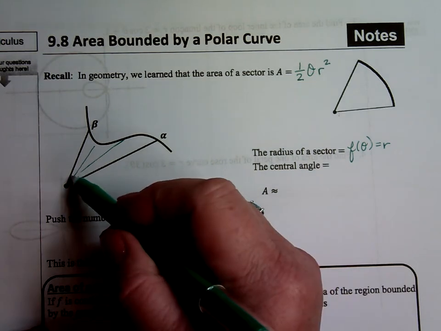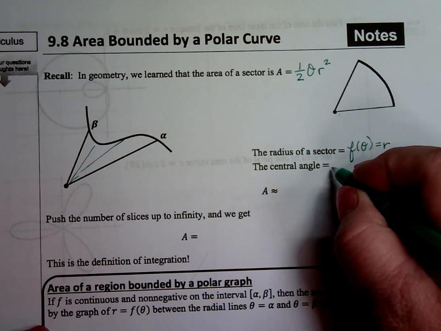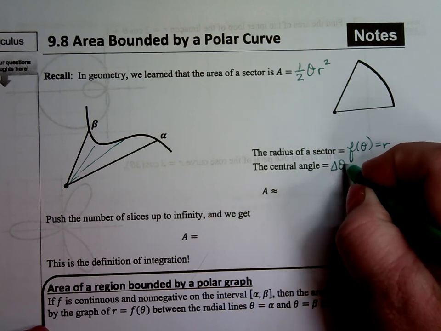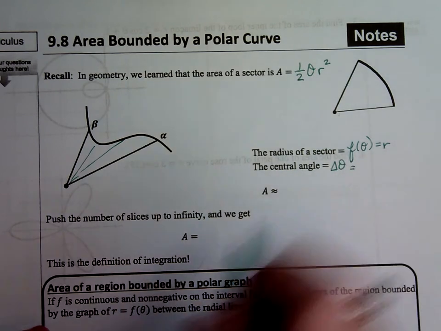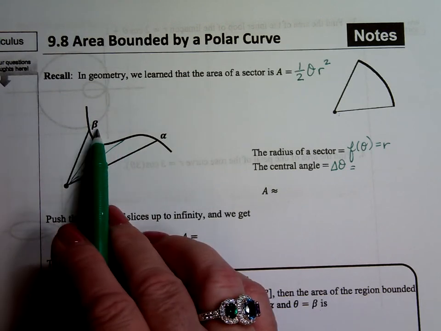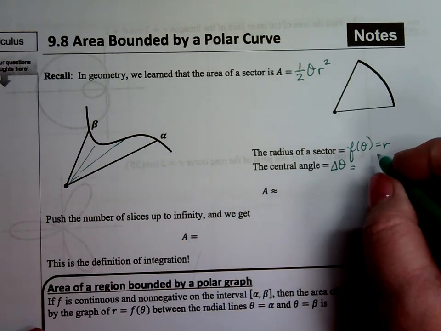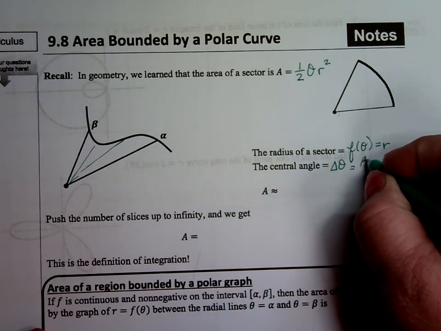If I want to know what the central angle is, that's the angle over here. We're going to call that theta. It's like a change in theta. And the change in theta, also they use beta and alpha. Kind of the same idea as b and a. So this is going to be beta.